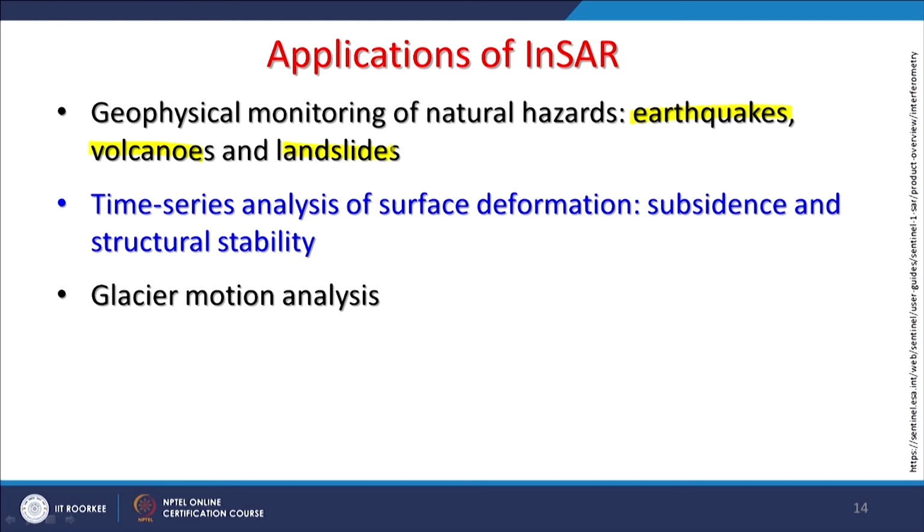Those areas can be studied through PSI, and we can say whether there is subsidence or upliftment, and if there is, what the rate is. And this SAR interferometry technique overall, whether it is DInSAR or PSI, can also be used to monitor glacier motion, how glaciers are moving, what the rate is and so on.